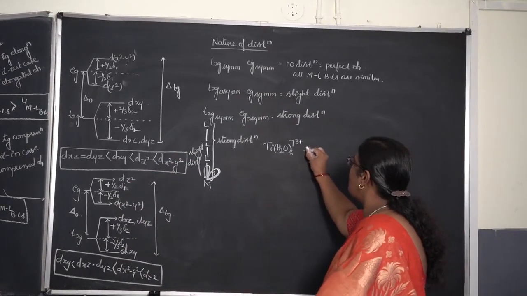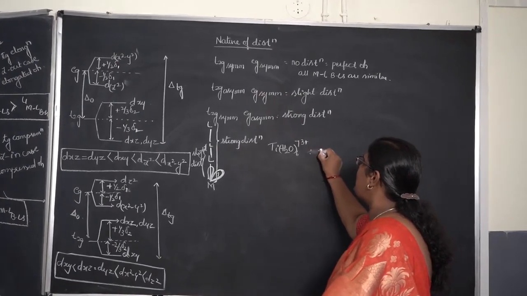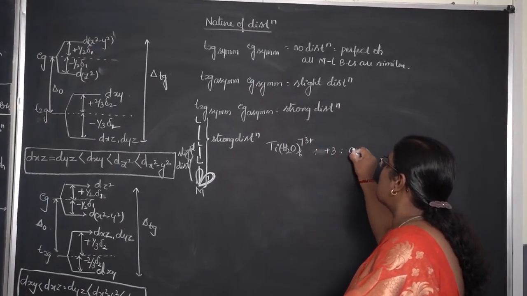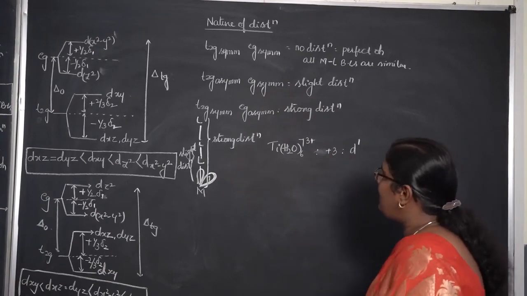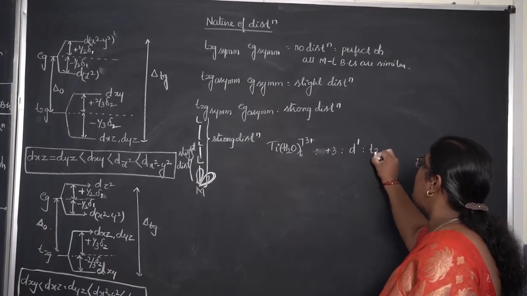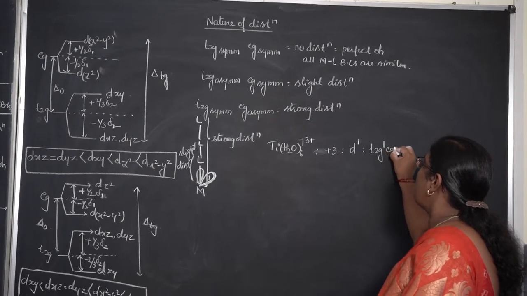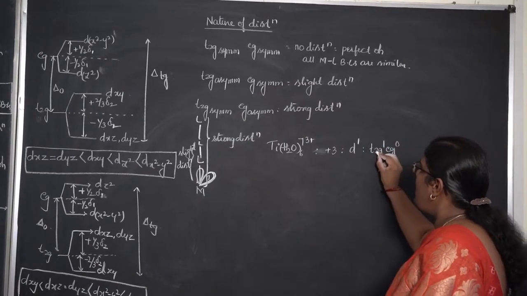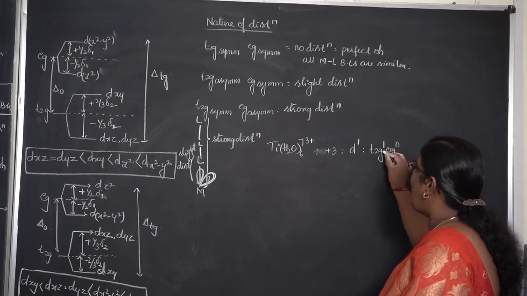In this, the oxidation state of the metal is +3. In the +3 state, it is a d1 system, and this d1 system we write as T2G1 EG0. T2G1 is less than half filled.